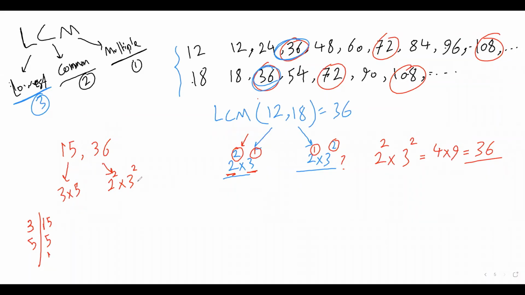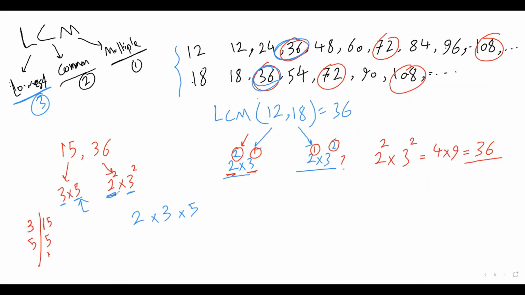Now, look here. This is a bit interesting because we got 3 factors. We have 2, 3, 3, and 5. So the factors are 2, 3, and 5. I told you include all the common and non-common, which is 5 here, right? You have to write all of them. Now we go for the highest power.